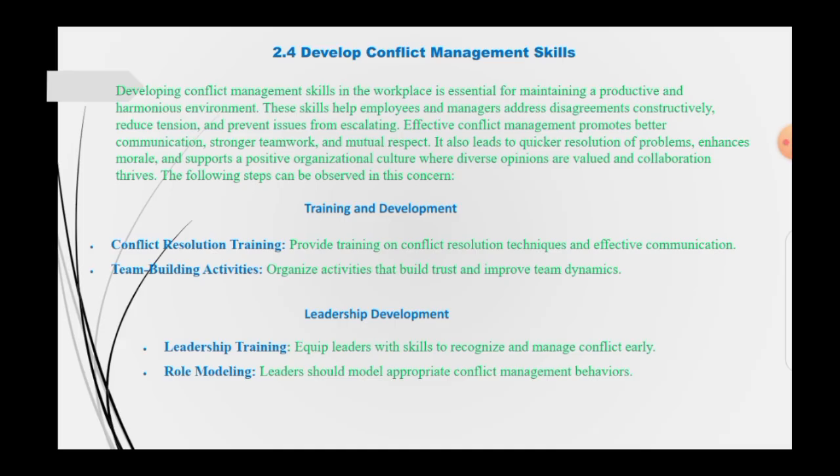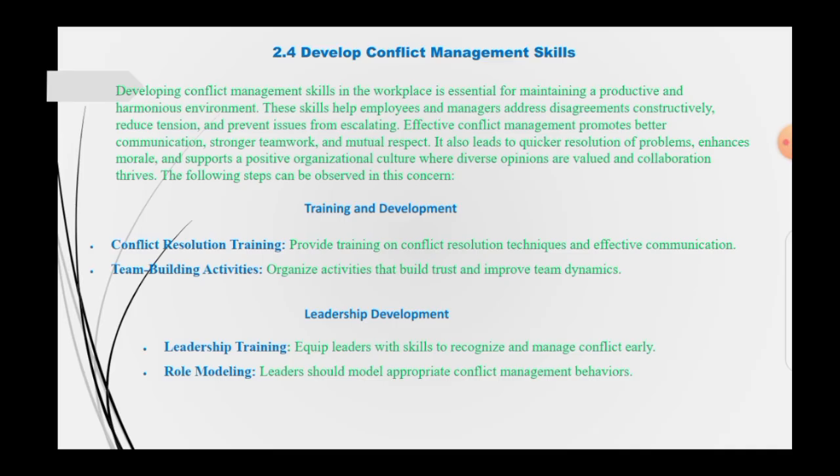So, from all this information, we get to understand that developing conflict management skills involves learning how to effectively recognize, address, and resolve disagreements or disputes in a constructive manner. Conflict is a natural part of any workplace or group setting arising from differences in opinions, values, needs, or goals.